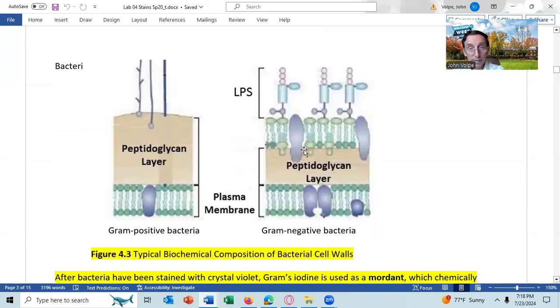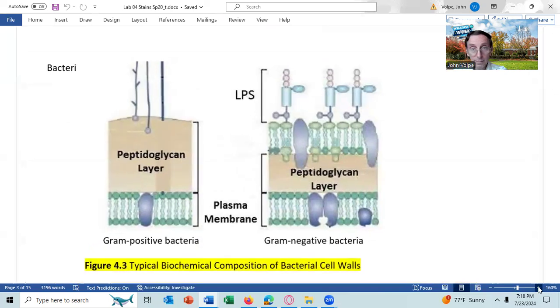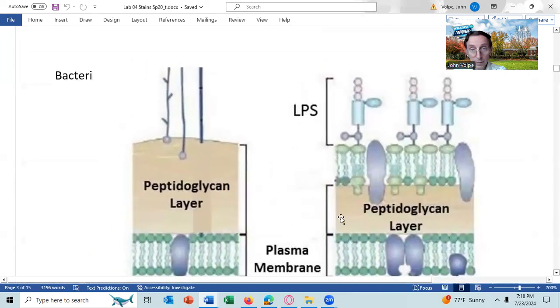The thinner peptidoglycan layer there is actually several layers thick, up to 20 layers. There's one, two, three, four, five, six, 7, 8, 9, 10, 11. This has about 12 to 15 layers of peptidoglycan. And there's the peptidoglycan layer in a gram-positive cell, and it's much thicker. No outer membrane in the gram-positive, outer membrane in the gram-negative cells.